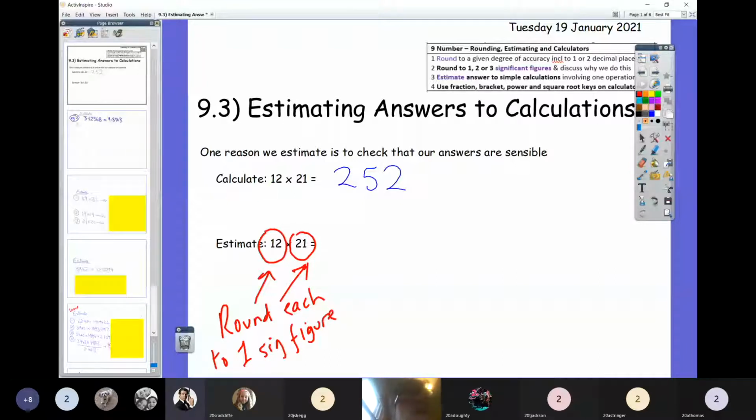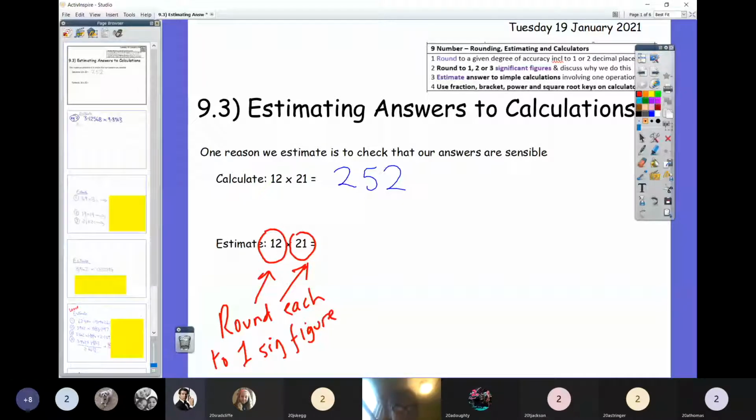I think all the questions I've set you today make it clear to round each number to one significant figure. But even if it just said estimate the answer, always round each of the numbers in the calculation to one significant figure to begin with.